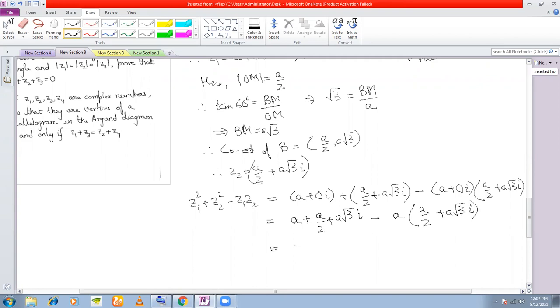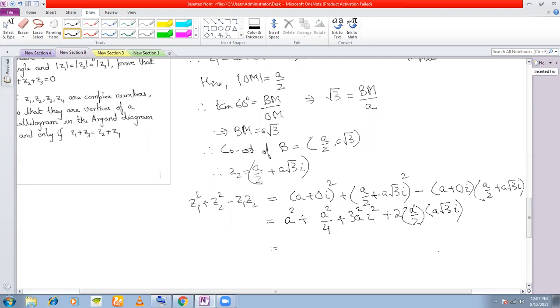This is square. Sorry, my mistake. So we get a square plus, and this is a plus b whole square. So you get a square by 4 plus 3a square i square, right? The b square term, plus twice a by 2 into a root 3i.